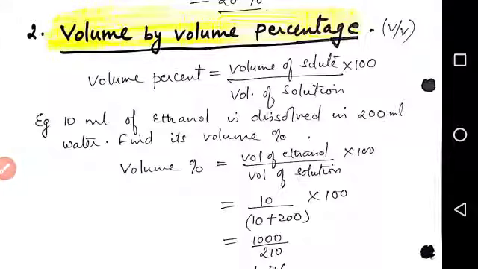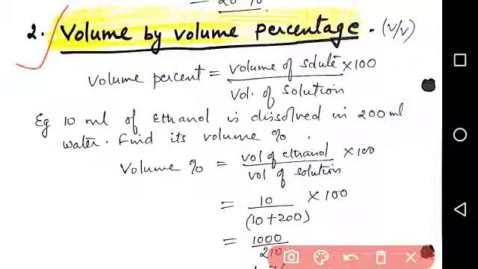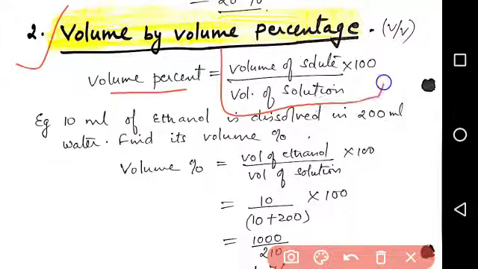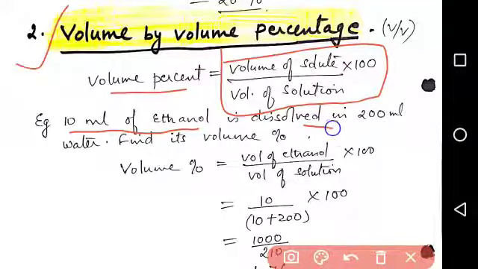Next way of expressing concentration is volume by volume percent. Volume percent is given by the formula volume of solute upon volume of solution into 100. For example, 10 ml of ethanol is dissolved in 200 ml of water. Find its volume percent.